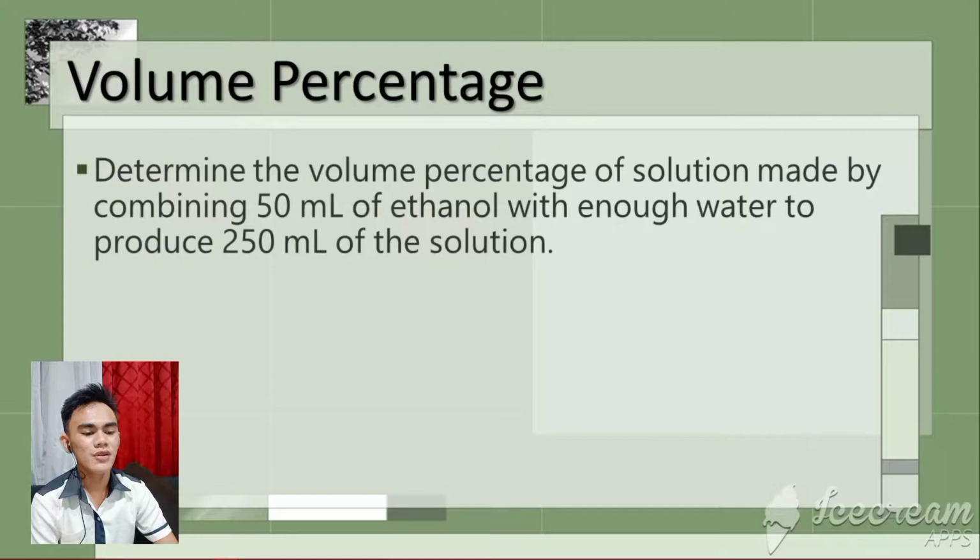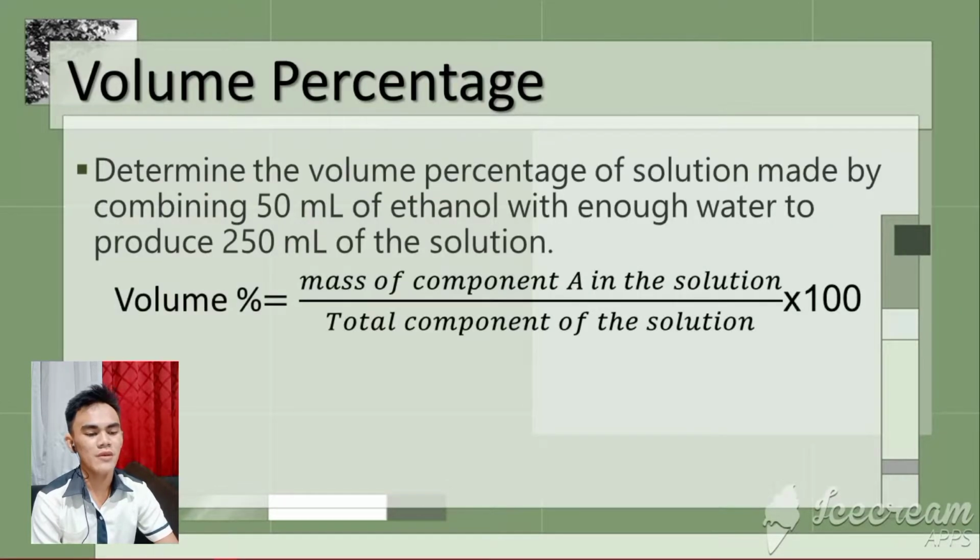Determine the volume percentage of a solution made by combining 50 ml of ethanol with enough water to produce 250 ml of the solution. So in order to get our volume percentage, let's use our equation. It says that volume percentage is equal to the volume of component A in the solution, or that is our solute again, divided by the total volume of the solution times 100.